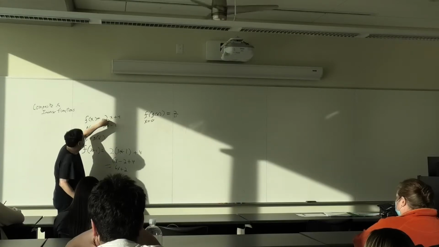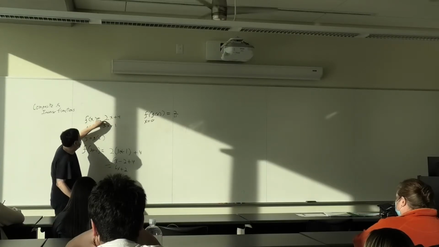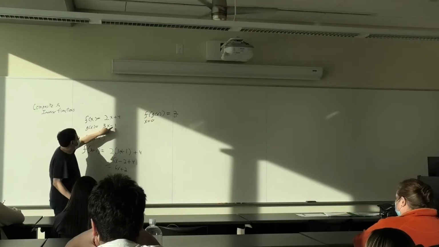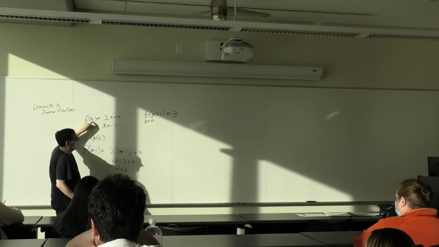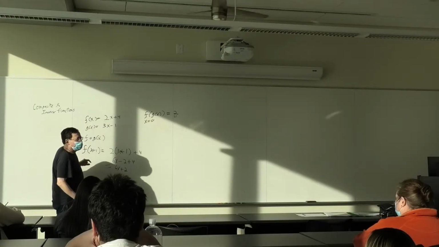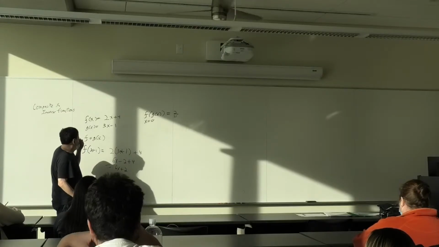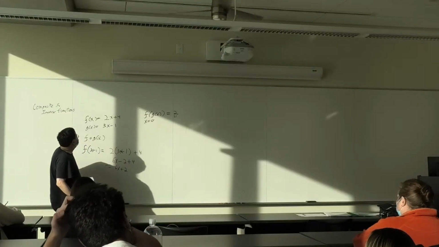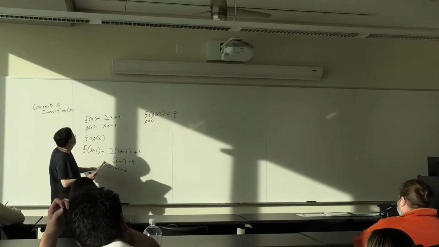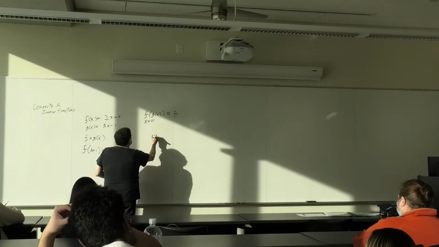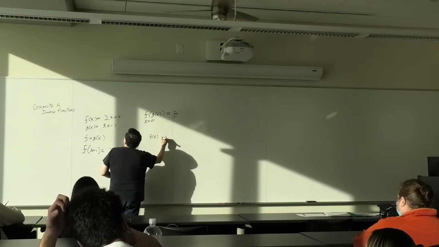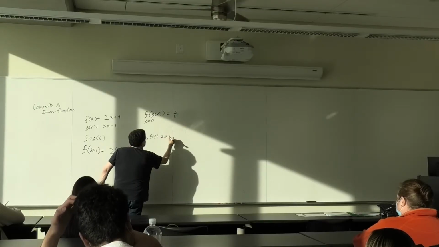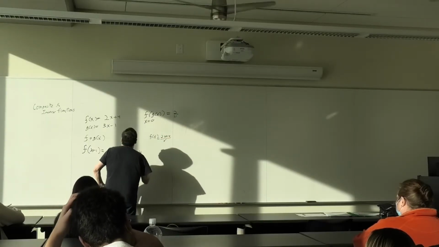When you plug in g here, its range needs to match the domain of this. Okay, what do I mean by that? Well, let's say f of x was 2x plus 4 over x.